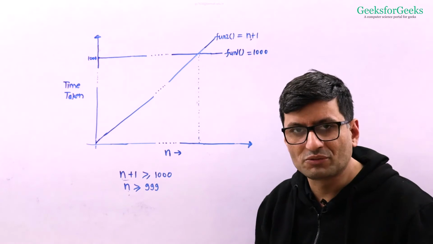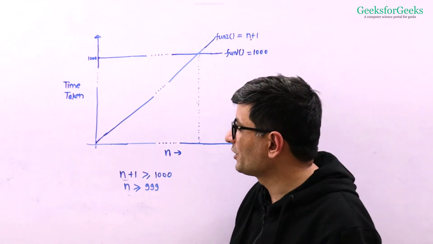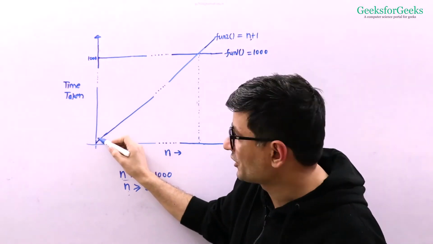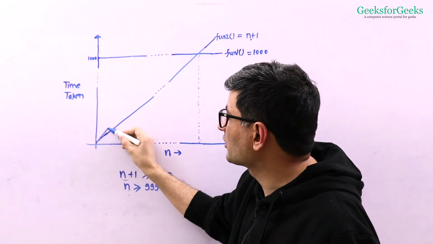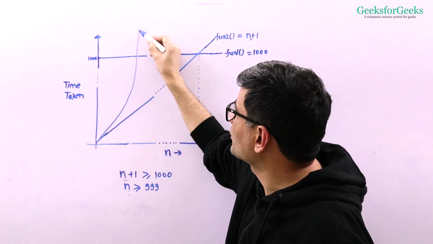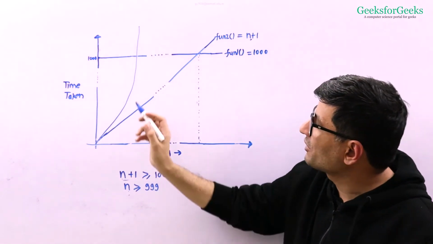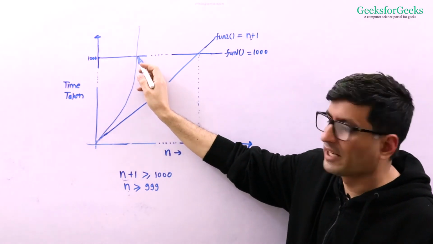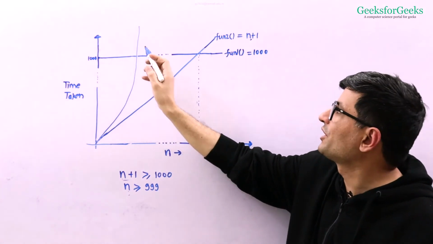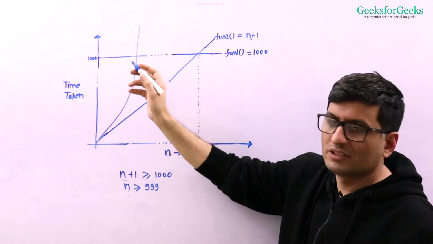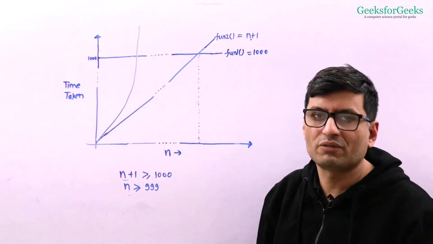Before we end this video, let's quickly talk about fun3 also. Fun3 is a quadratic function, and quadratic functions grow even faster. So it's going to have a graph like this, a quadratic growing graph. Fun3 is going to have a value after which it's going to take more time than even fun1 and fun2.